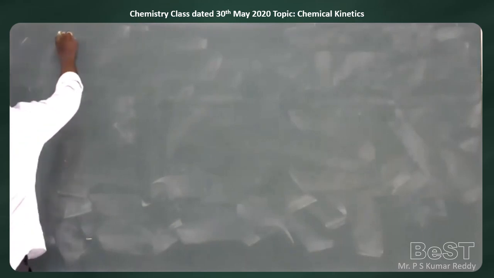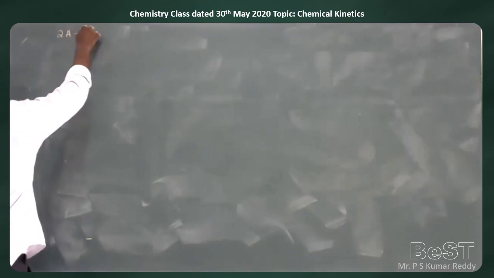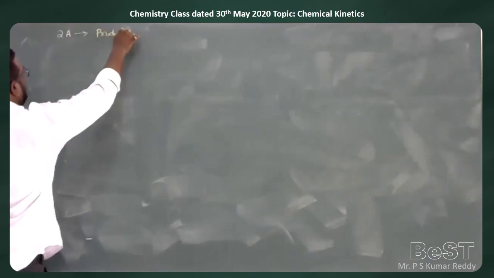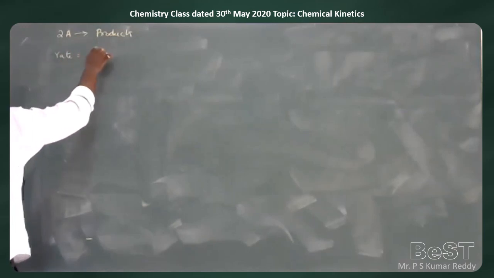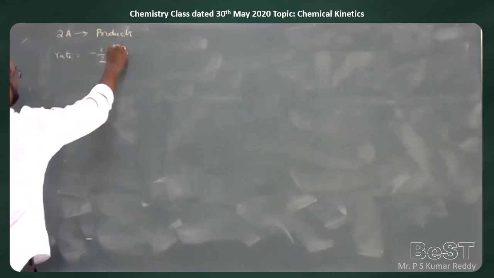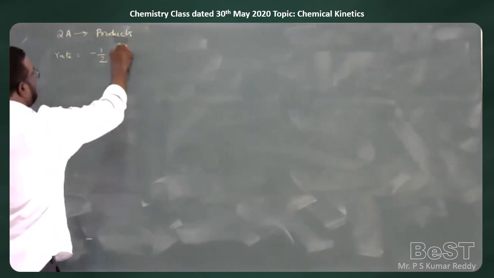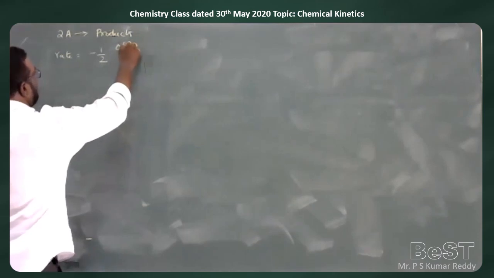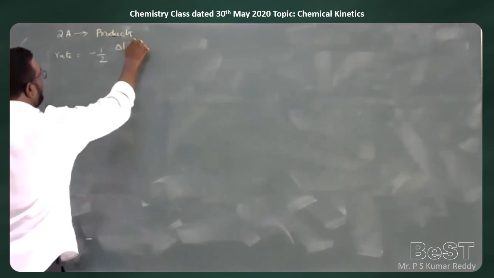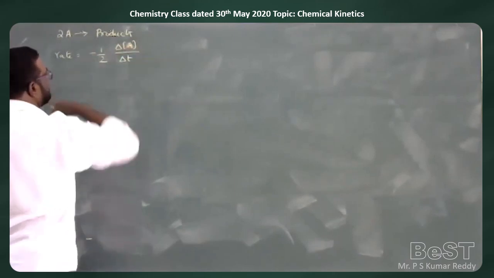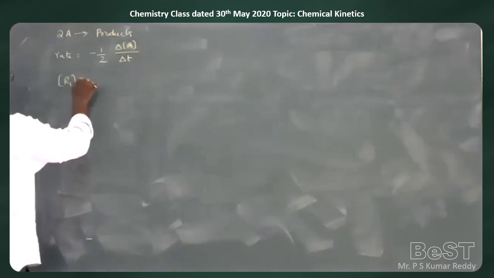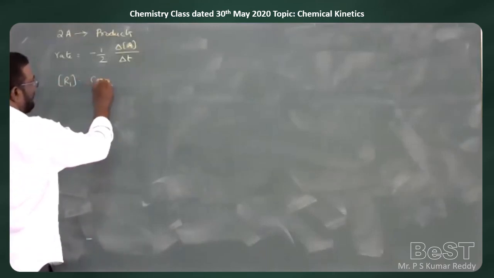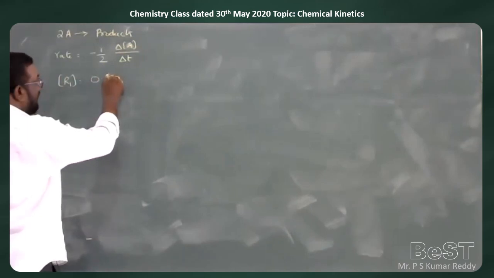So we are given 2A gives rise to products. This is the equation given to us. So therefore, rate is equal to minus 1 by 2 delta concentration of A by delta T. Here, initial concentration of A is given as how much? 0.5 molar.